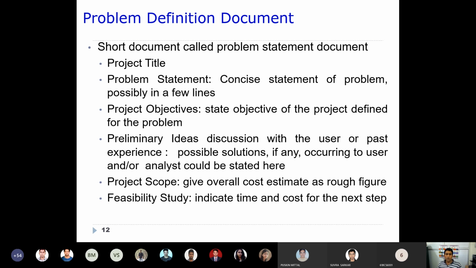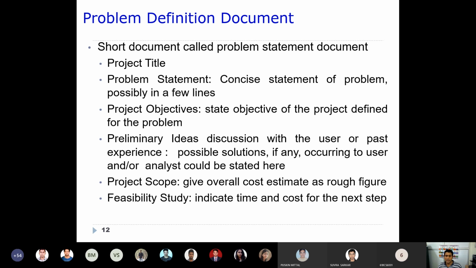Okay, project objectives. You should define here the objectives of the project, and then if you have any preliminary ideas, those will be discussed with the user as well as management, so as to agree upon that particular solution.